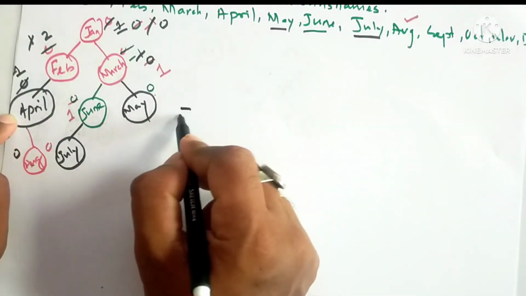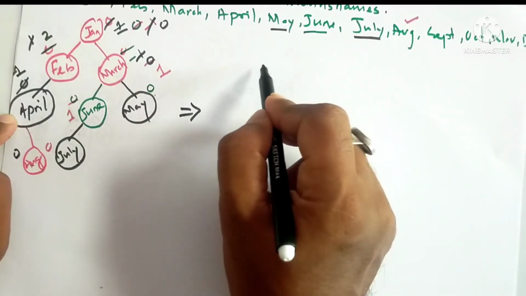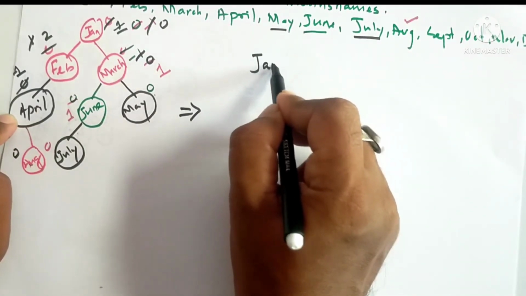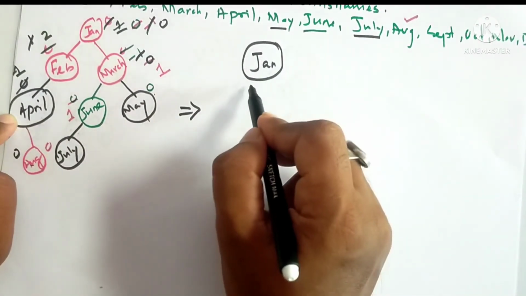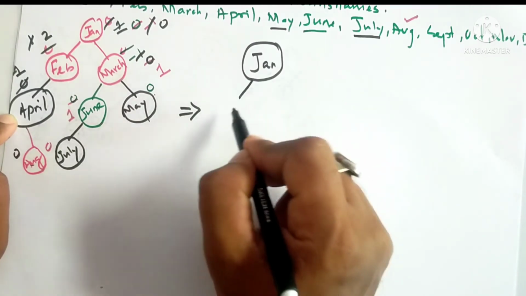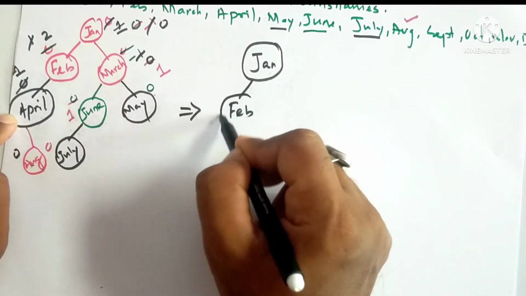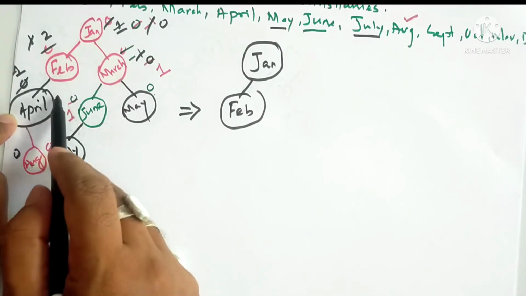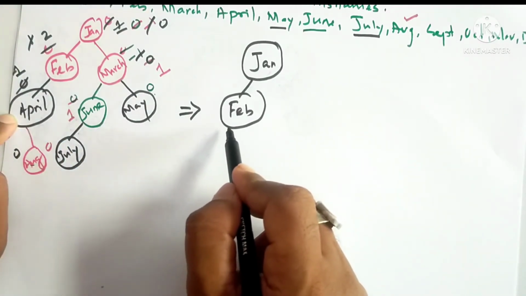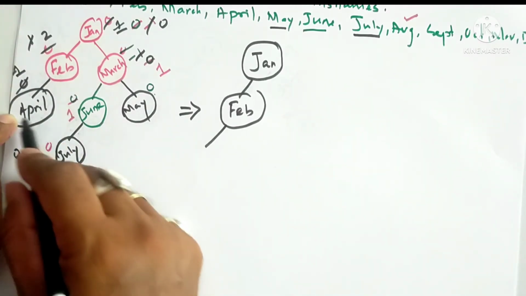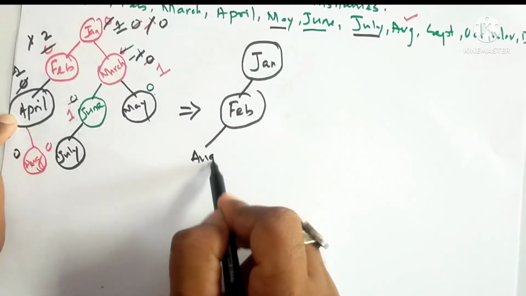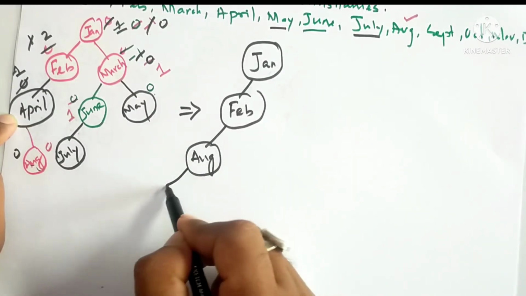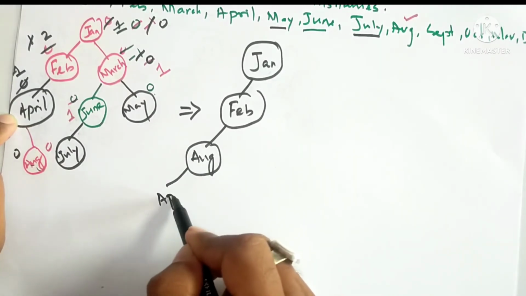Now what will happen here, I can say that the first rotation I'm going to perform. So January, this is your February, I'll apply your rotation at April. August is here, then April is here.